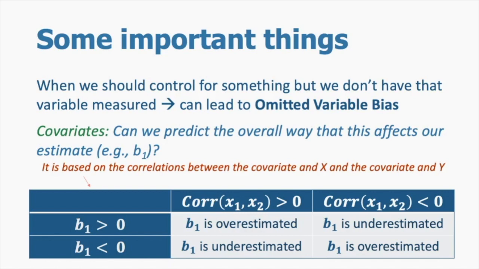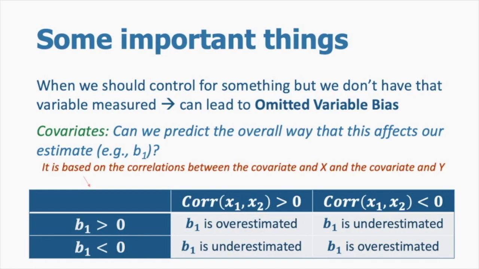So if your estimate itself is greater than 0, and the correlation between your measured variable, which is x1, and your unmeasured variable, which is x2, is positive, if those are positively related, then the B1 is overestimated. It's too high. When the correlation between x1 and x2 is negative, that means your coefficient is underestimated.